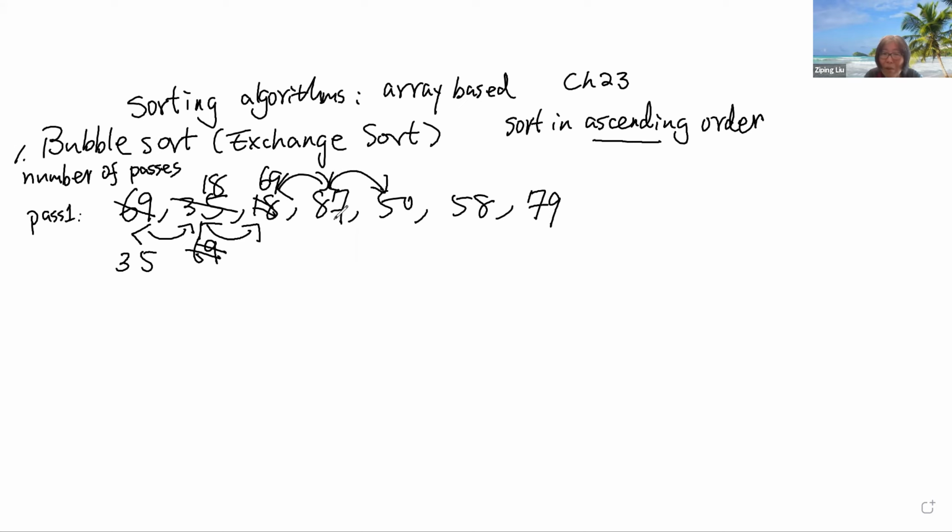Then you move on to the next pair. It's not in order, so I switch 87. I move on to the next pair comparison. It's not in order, so 58 and 87. Then I move on to the next pair. Is it in order?